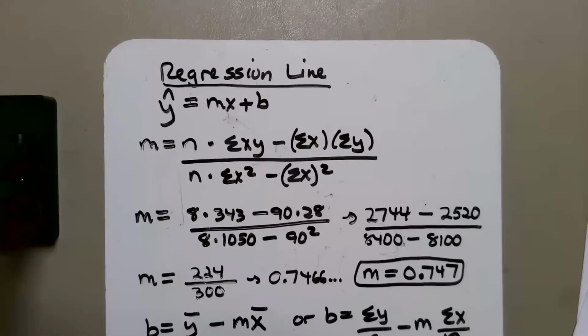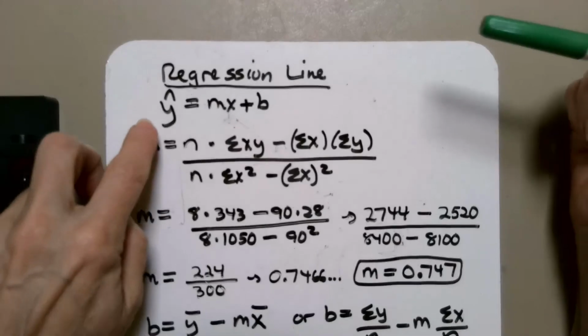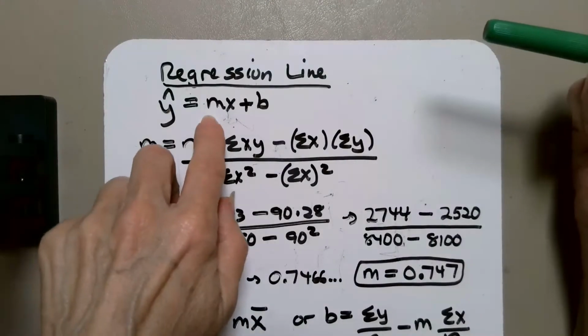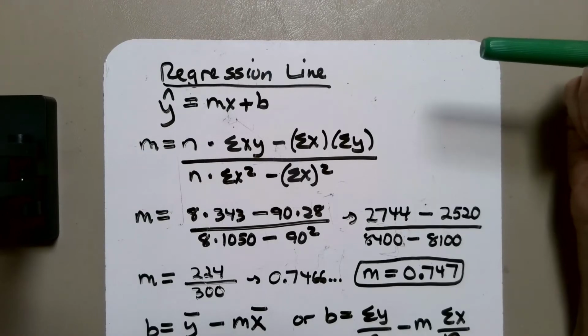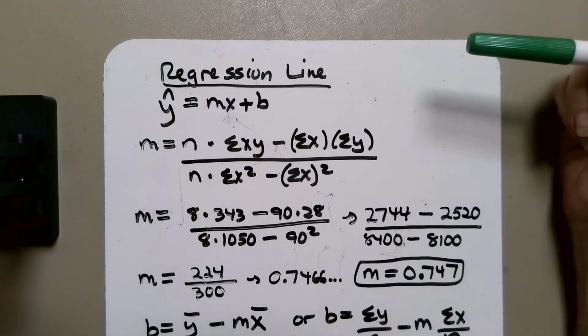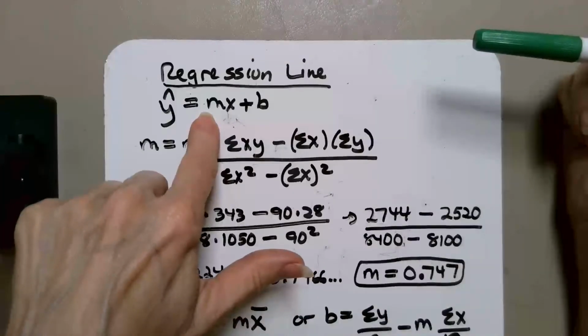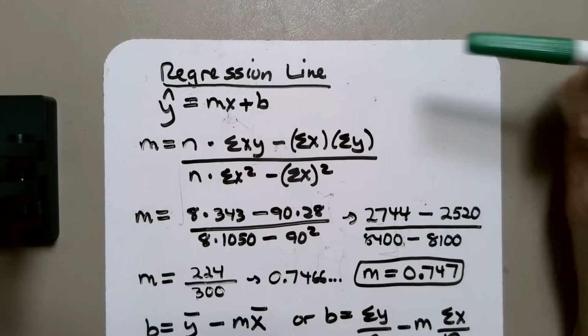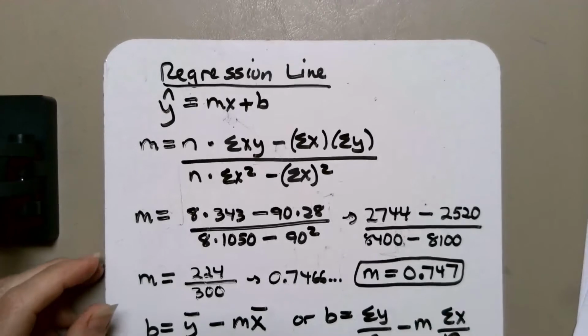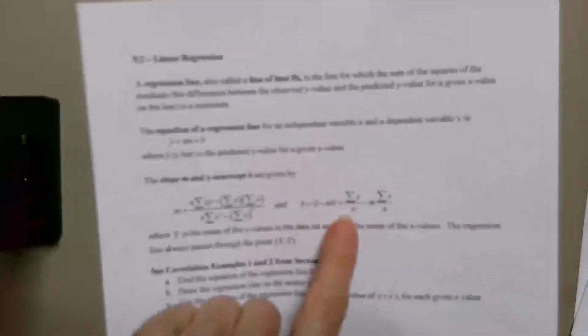So a regression line is the equation y hat, or expected y, equals mx plus b. As you all remember from algebra, a straight line has an equation y equals mx plus b, where m is the slope and b is the y-intercept. So our formulas for m and for b are here.